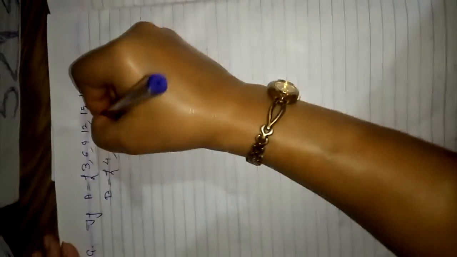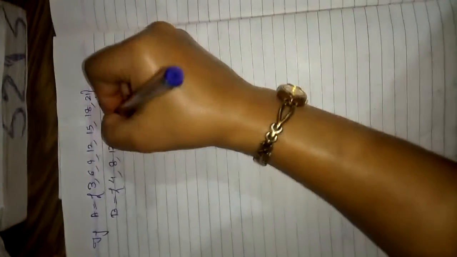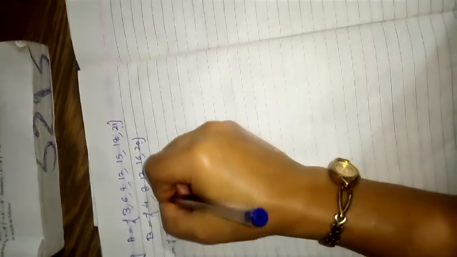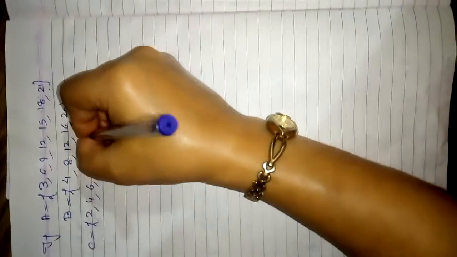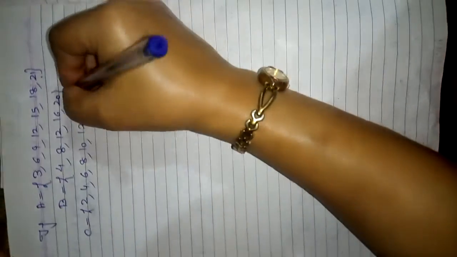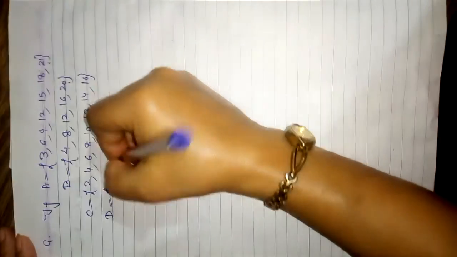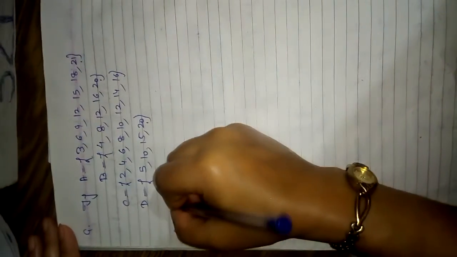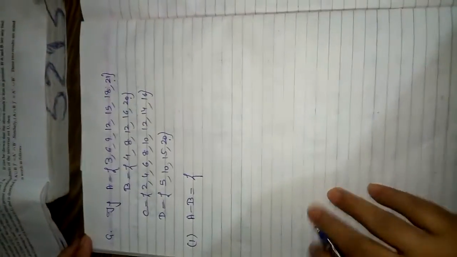Set B is {4, 8, 12, 16, 20}. C is {2, 4, 6, 8, 10, 12, 14, 16}, and set D is {5, 10, 15, 20}.